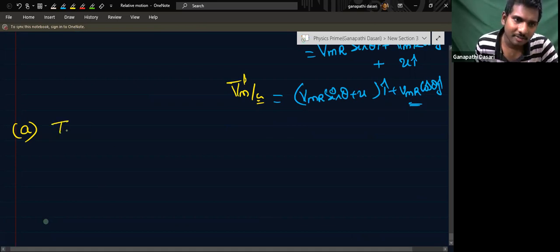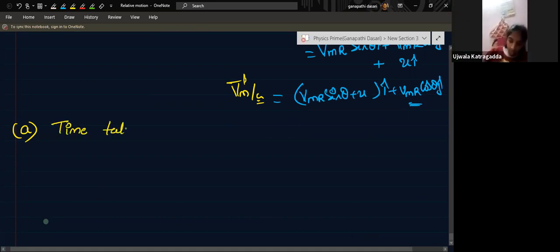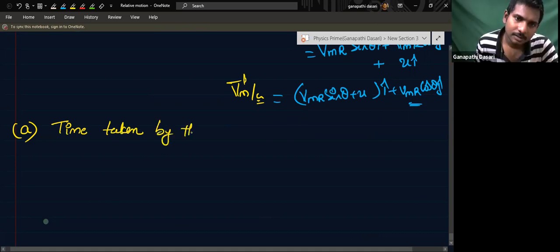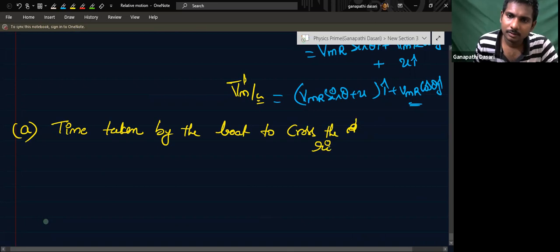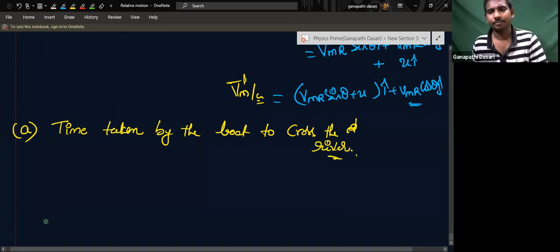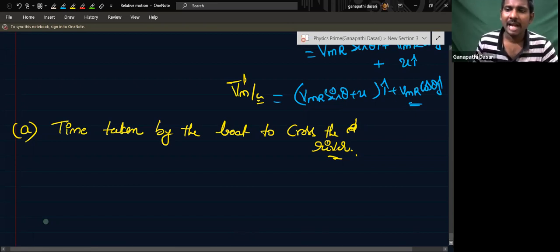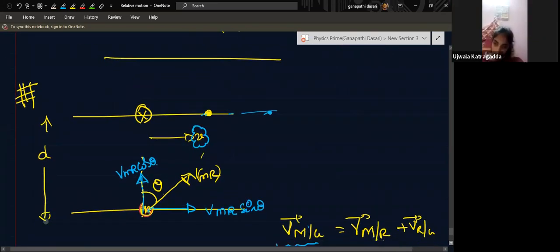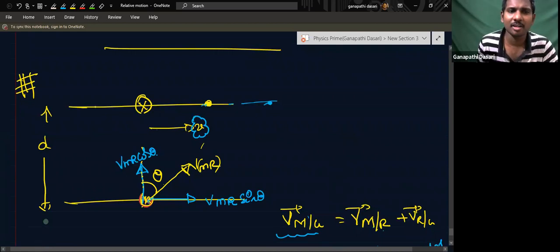time taken by the boat to cross the river. The time taken is what? The boat is going from this end to this end, that means vertical distance.